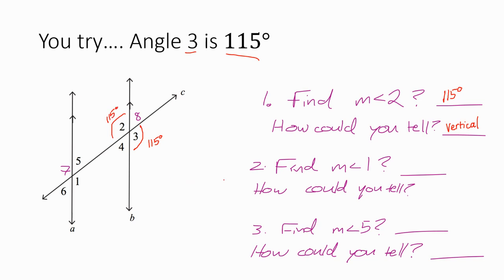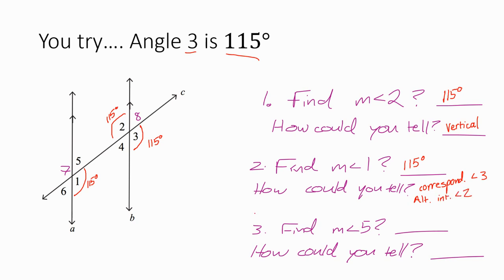How about angle 1? What's the measurement of angle 1? How could you tell? Well, you could tell it a few ways now, but angle 1 is also 115 degrees. And you might be able to tell by two different methods. First off, it's corresponding with angle 3, and it's alternate interior from angle 2.